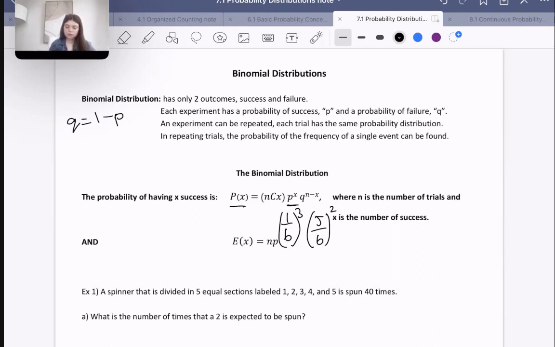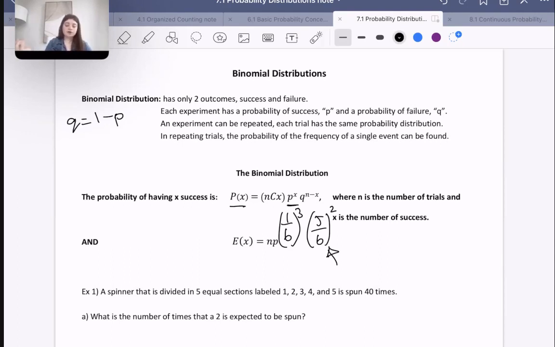And so if we look at it that way, it makes sense. We need to have 3 successes, 3 things that have a 1 in 6 probability, 3 1s on our dice, and we also need to have 2 numbers that are not 1. And there's a 5 in 6 chance of getting something that's not a 1. So there we have it.